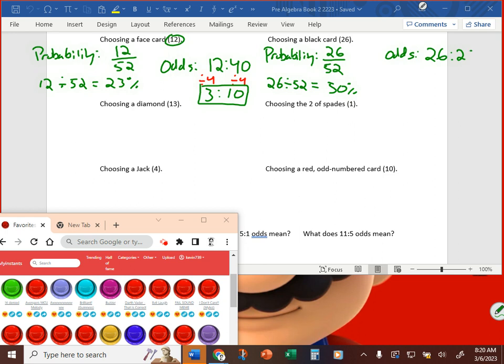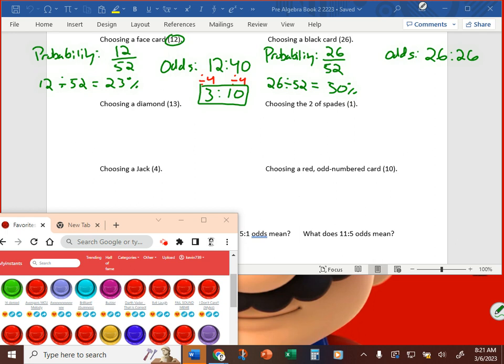26 to 26. If the probability of something happening is 50%, that means there are as many successful as there are unsuccessful, right? It could go either way, okay? Again, notice this 26 shows up in each of them as the successful outcomes. And what's 26 plus 26? 52 equals the whole, okay?